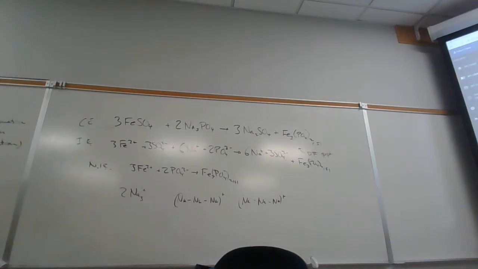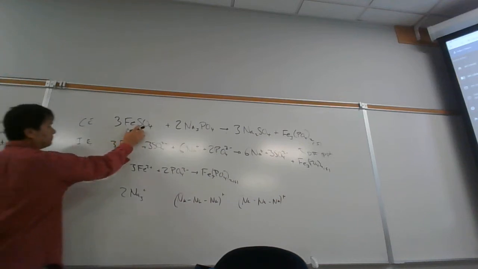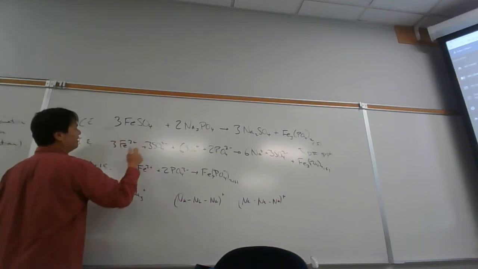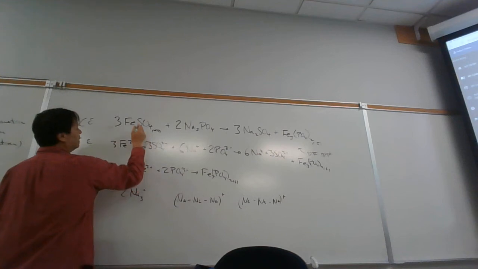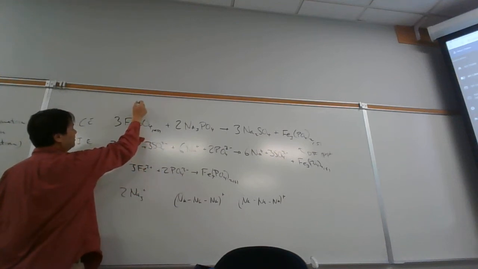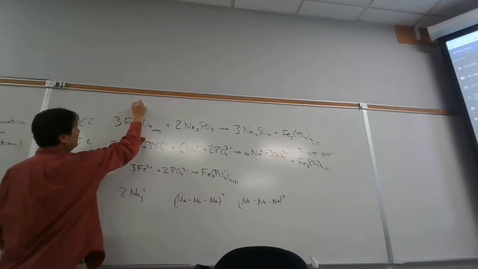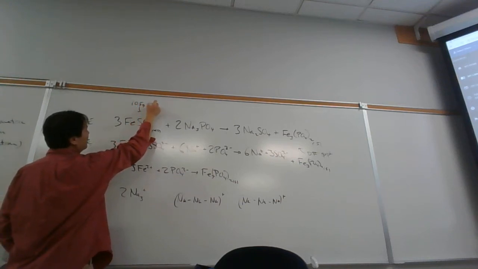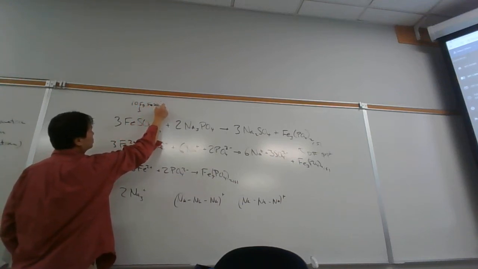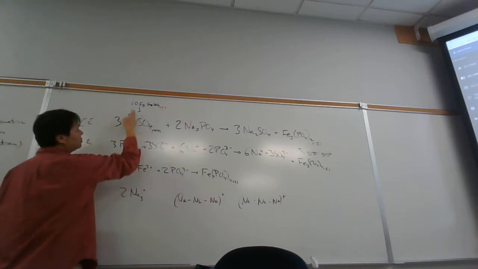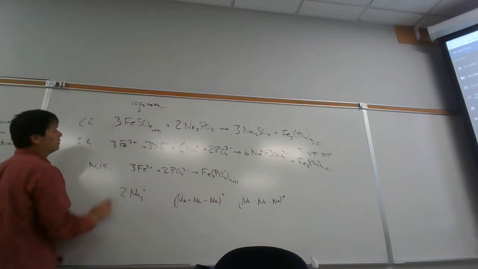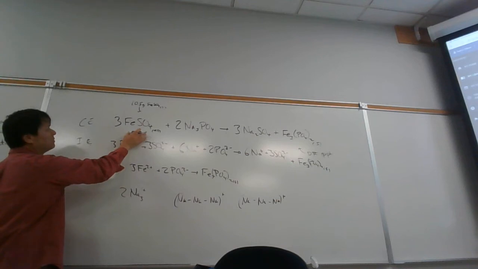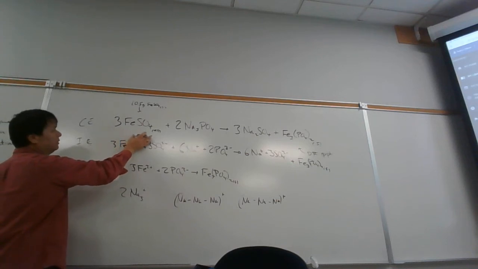And so let's say I want to get rid of all the iron. And this is a solution here, aqueous. And so let's say I have 10.5 grams of FeSO4 solid that I use to make this solution. And so all together, there's 10.5 grams of FeSO4 in the solution.